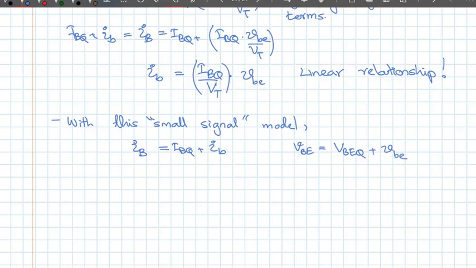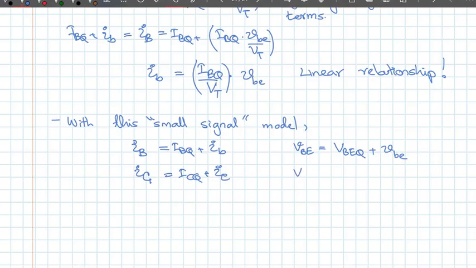Similarly, if you multiply IB by beta, I will have IC, which will have ICQ, beta times IBQ, plus beta times simple IB, which is equal to simple IC.